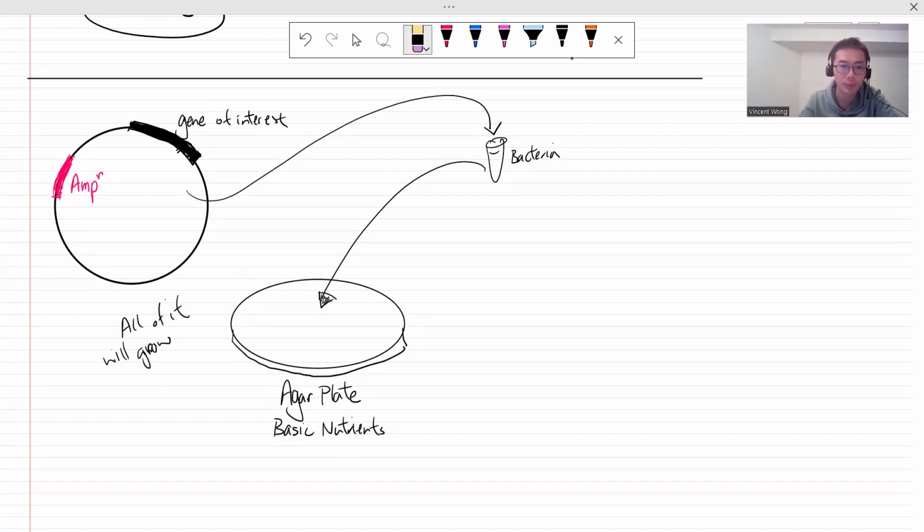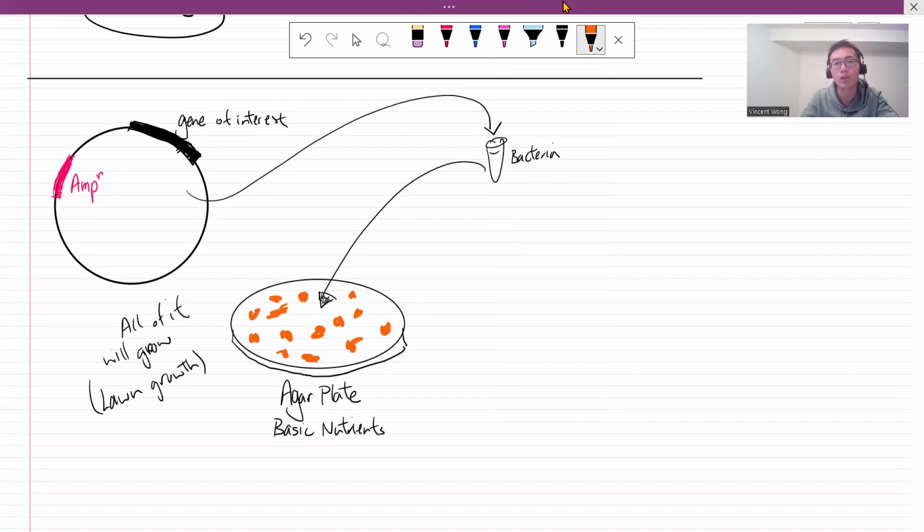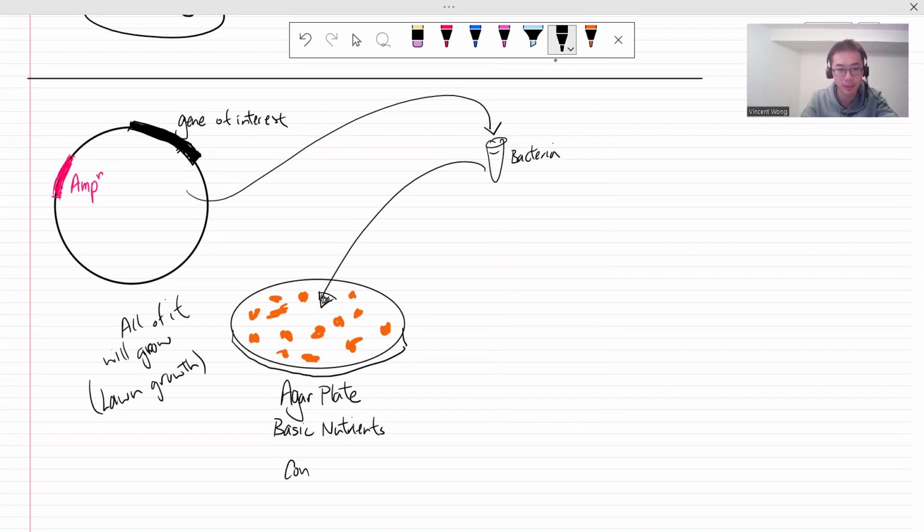It's gonna grow so much we call it lawn growth. Basically the bacteria is gonna be all over the place. They're like, yeah, let's grow. Okay, free food. All right, so they will form all these colonies. So this is just a control for your experiment.